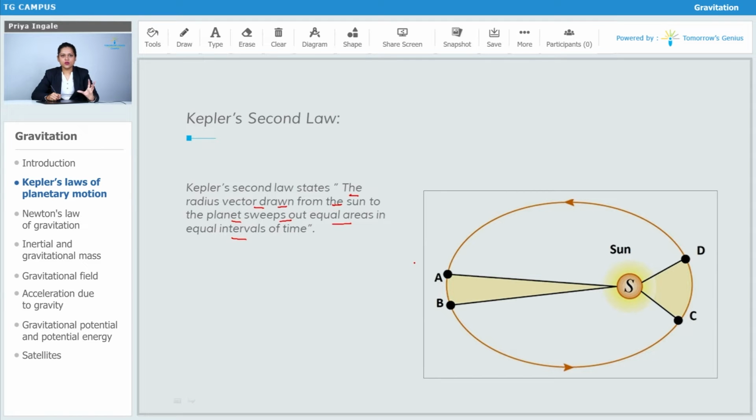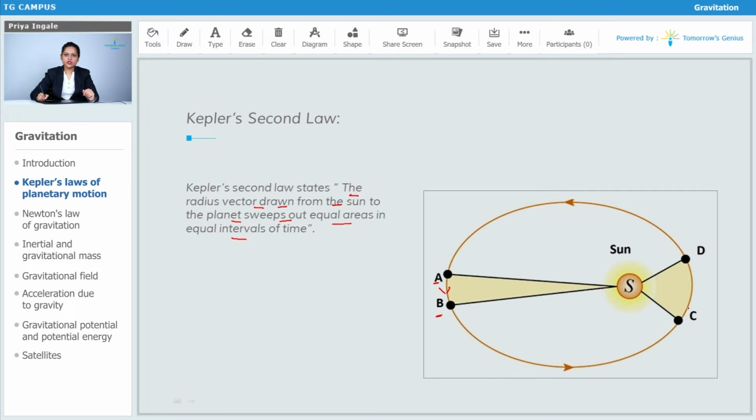Okay, so according to the statement, if we draw the radius vector from the sun to the position of the planet, here we have four positions in a diagram. Let us say this is position A, this is position B, and the planet is moving from A to B here.